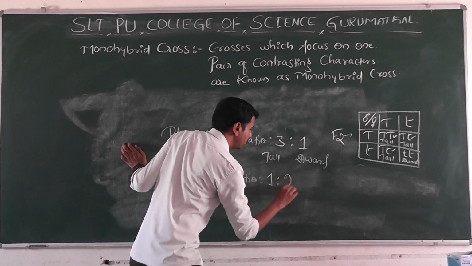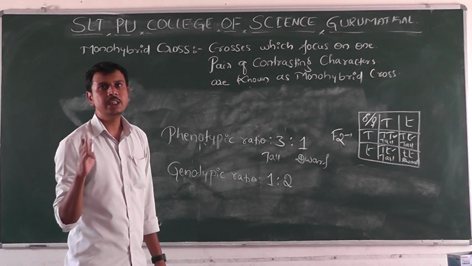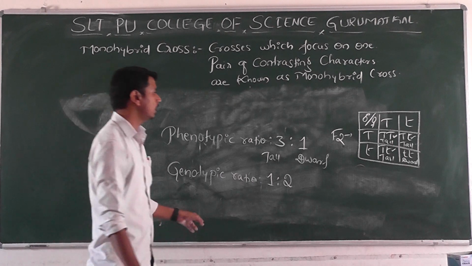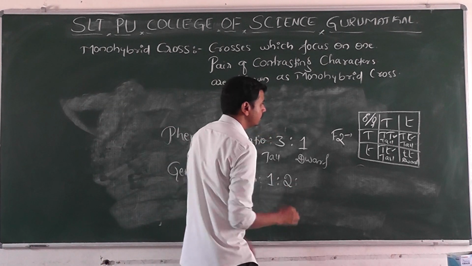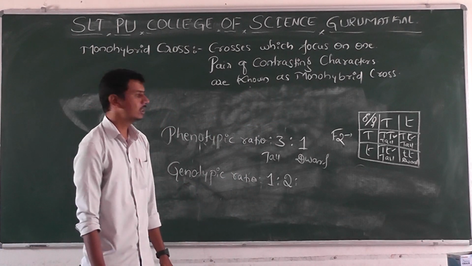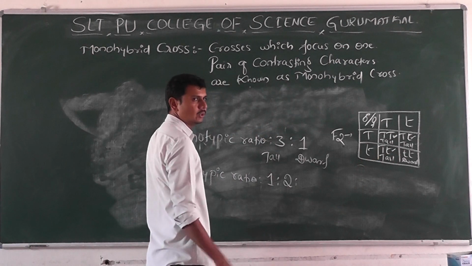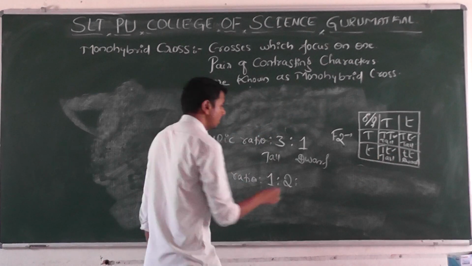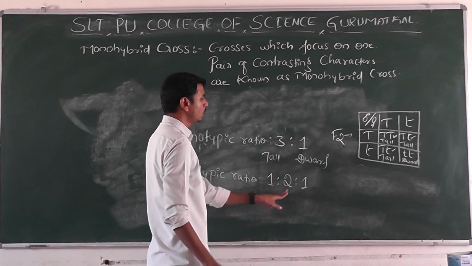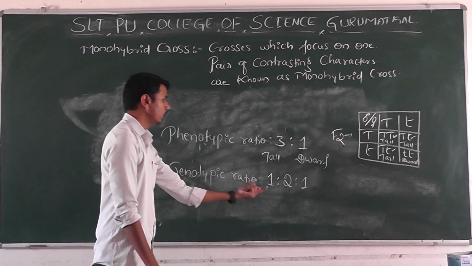So here you can see 2 heterozygous plants are there. Then the third one is a homozygous dwarf. Since the homozygous genes are present, that's why it is a homozygous dwarf. So the ratio is 1:2:1.